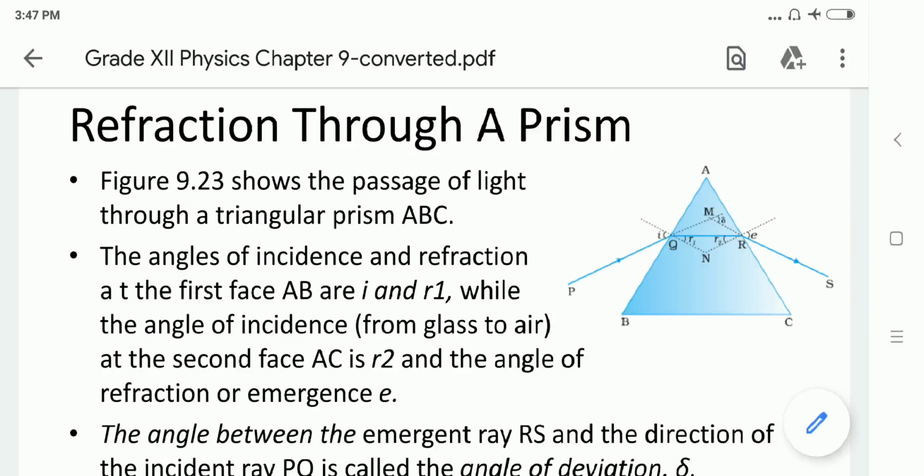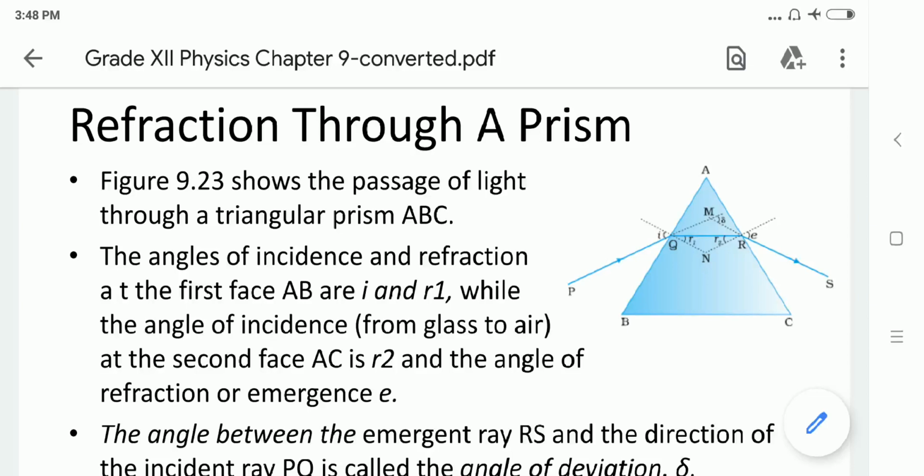Again the medium changes, so another refraction takes place. R2 is the incident angle for the AC plane from the glass, and the ray moves outside the prism into the air at the emergence angle E, that is the angle of refraction on the side AC.